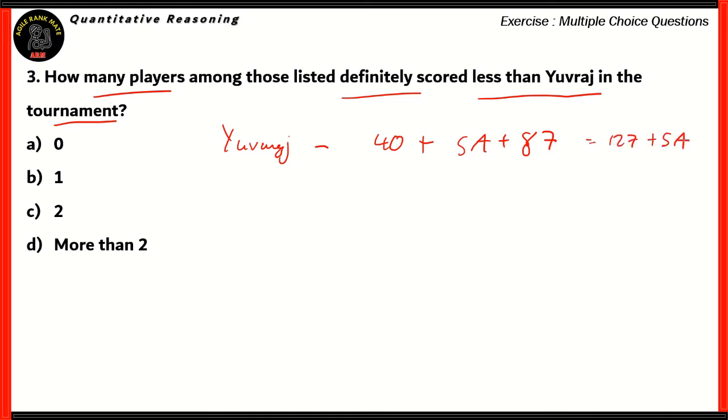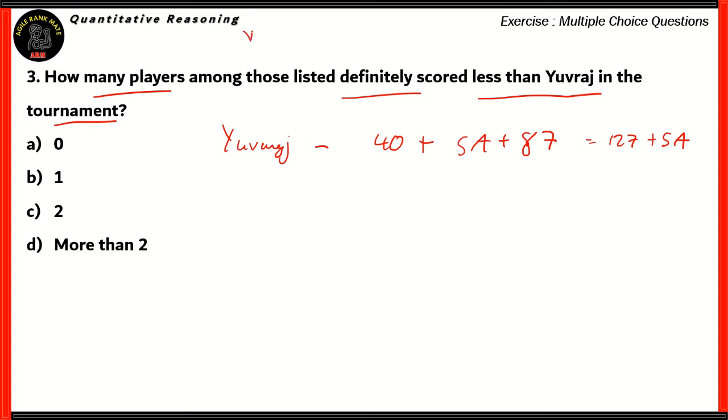127 plus South Africa. Now, we need to find out how many players had scored definitely less than Yuvraj. So if we take all possible combinations, some of these players would have scored quite less than Yuvraj. We need to find out how many. So for this to take place, we need to consider two things.